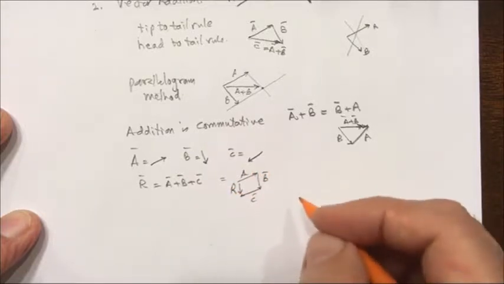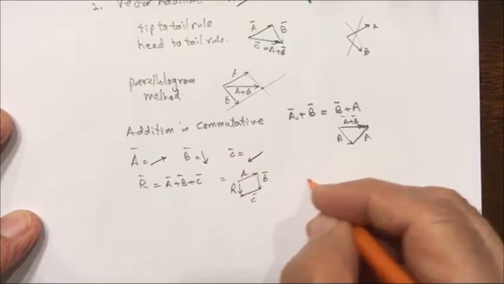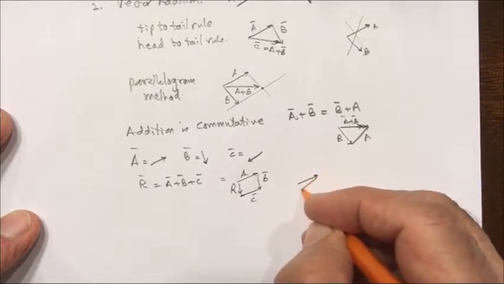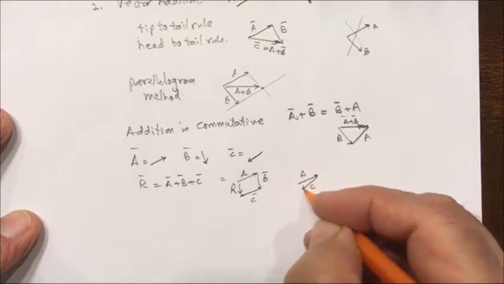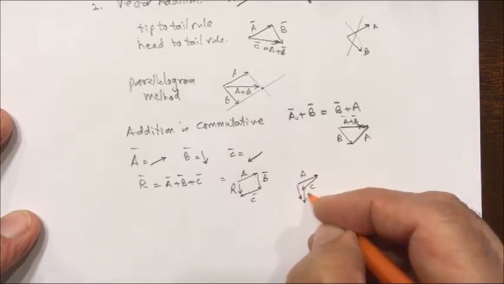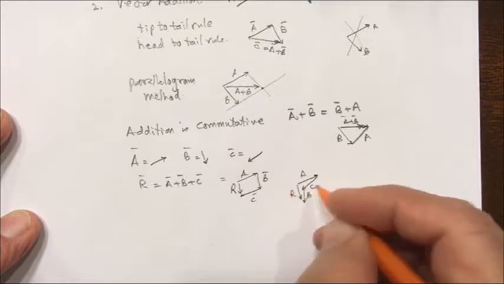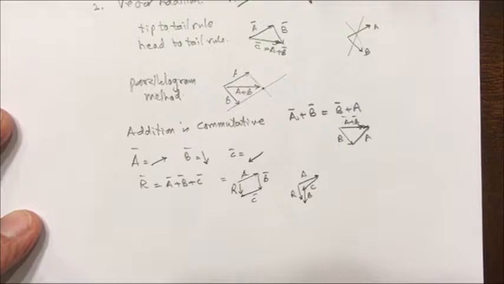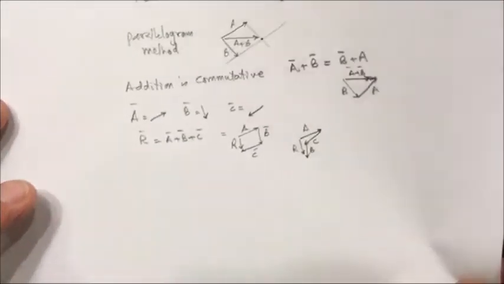And you can add them in any order you like. So if you first put the A and then the C and then the B, the result would still be exactly the same as before. It does not matter what order you're adding them in, because it's commutative.